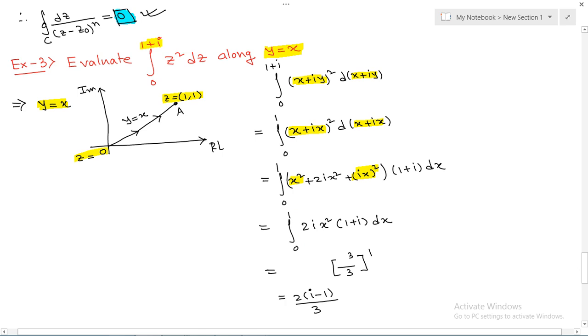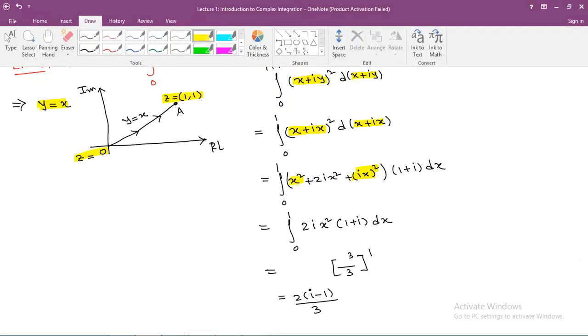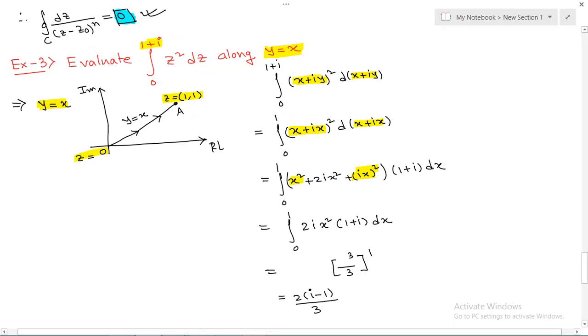So you can take 2i(1 plus i) out of this integration, and the integral of x square is x cube by 3. The limit of the integration becomes 0 to 1.